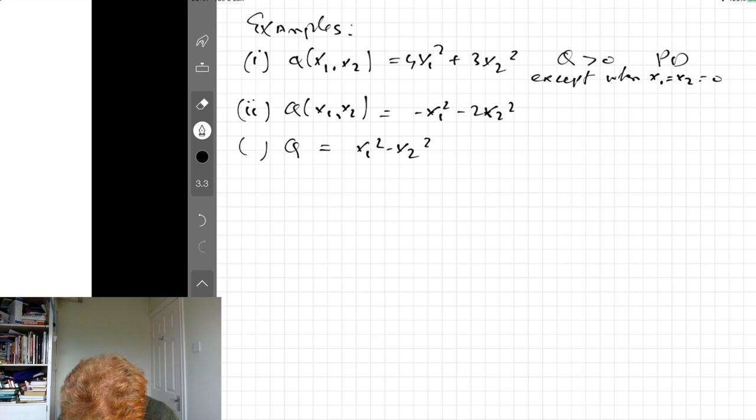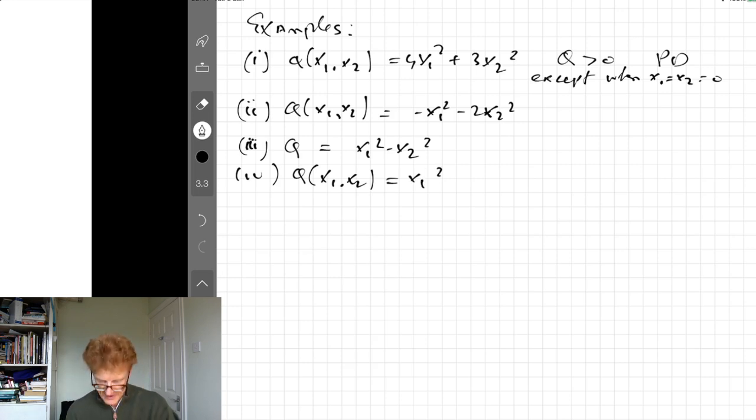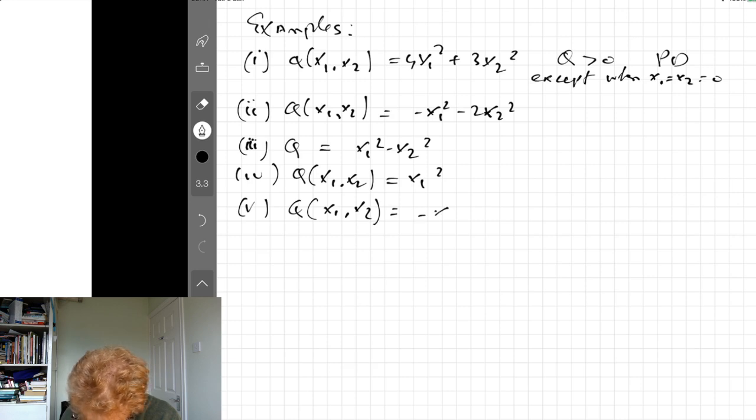There's 2, 3, 4. Q of x1, x2 is x1 squared, and 5, Q of x1, x2 is minus x2 squared. So what is the classification in these last four cases?